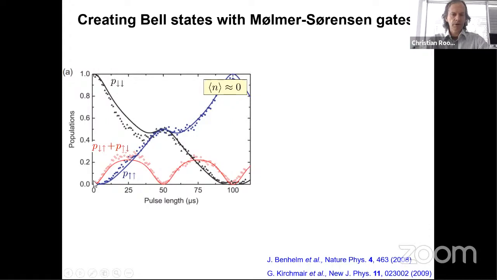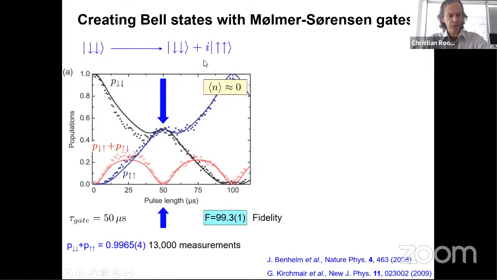At the same time, you see the population where both ions are in the spin up state go up. After 50 microseconds, they meet here, and the population in the other two states, where just one ion is excited, goes to 0. So this is where you would expect to produce a Bell state.